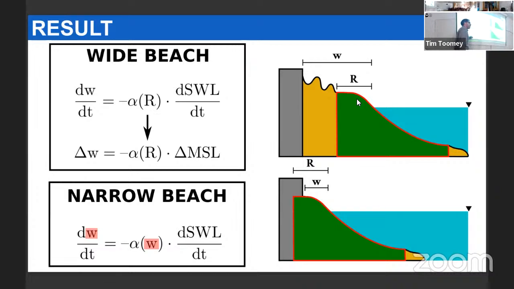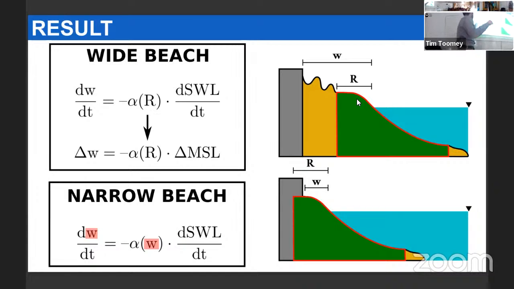So this parameter here that controls how a change in sea level gets modulated into a change in beach shoreline or beach width displacement depends on the actual variable that we are trying to solve. So it gets more complicated. We have some attempts, but we are still working on it. We still have a bit of improvement to make.